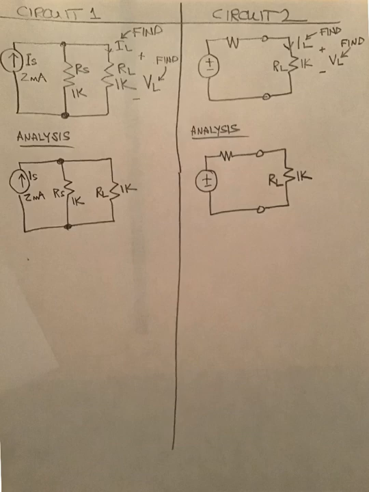Take a look at the circuit on the left. There's a 2 milliamp source. I'm looking at the circuit on the bottom where it says analysis, over here in the blue area. If 2 milliamps flows into a parallel circuit, each branch will receive 1 milliamp, correct? Each branch.